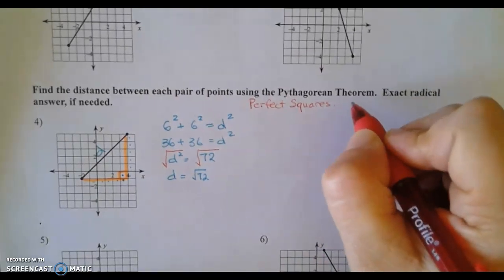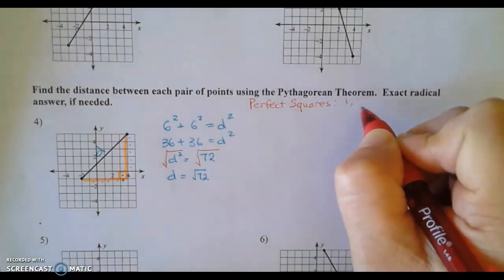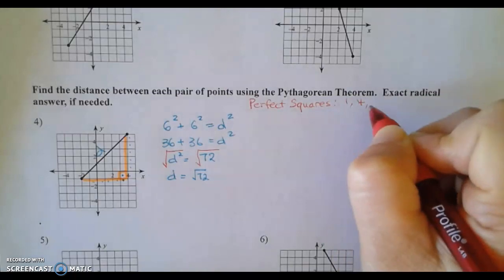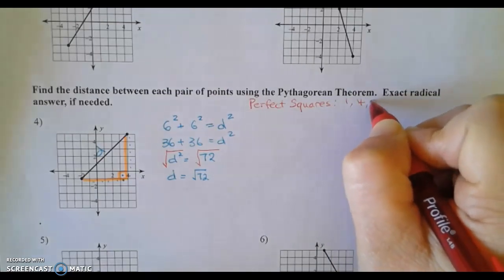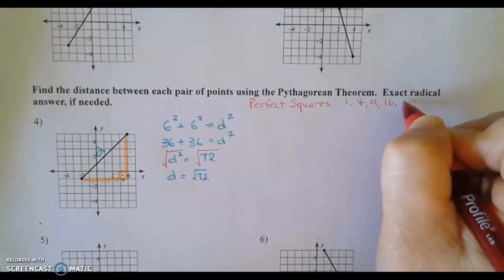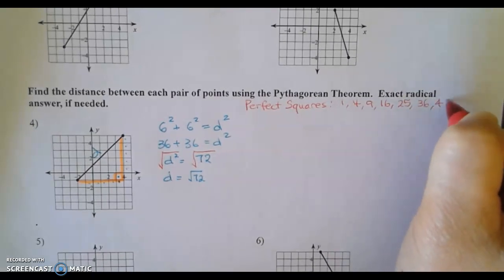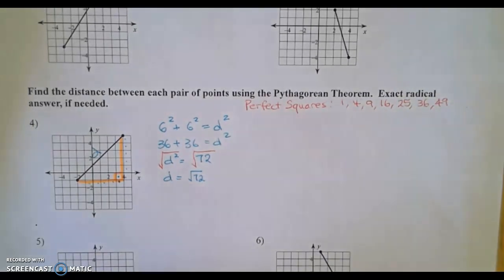What is 1 squared? 1 times 1 is 1. What's 2 squared? 2 times 2 is 4. What's 3 squared? 9. 4 squared is 16. 5 squared is 25. 6 squared is 36. And 49, and so on. Those are my perfect squares.